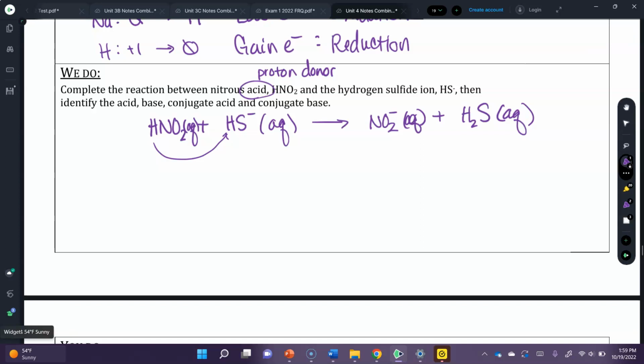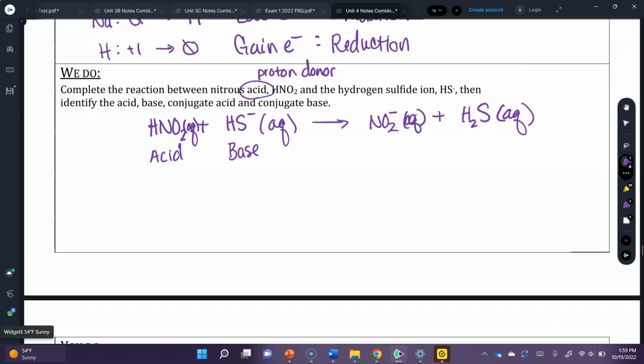So now that we have moved the hydrogen and completed our reaction, check that it's balanced, and we see that it is, we can now assign our acid, base, and conjugate pairs. So we already told in the question that this must be the acid. And since we are giving the proton, the other species must then be the base, because it is going to accept the proton.